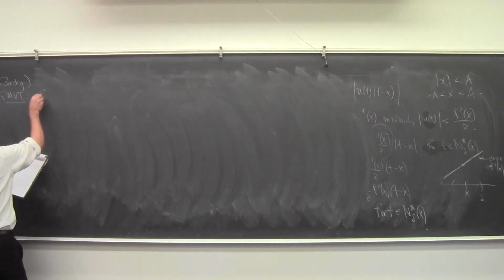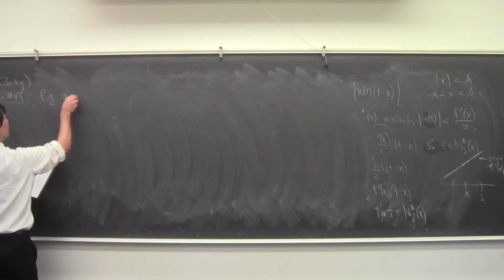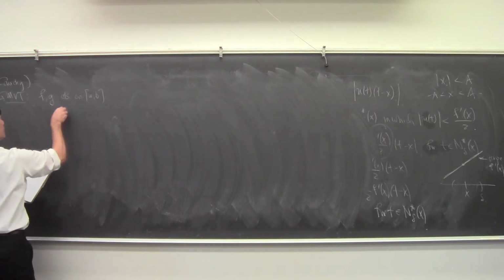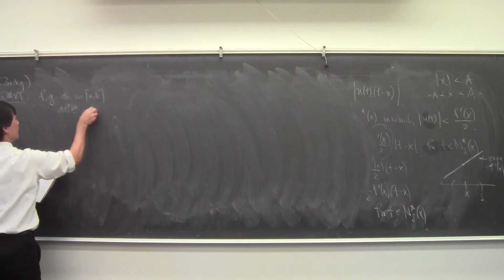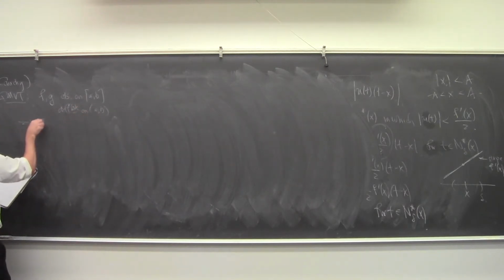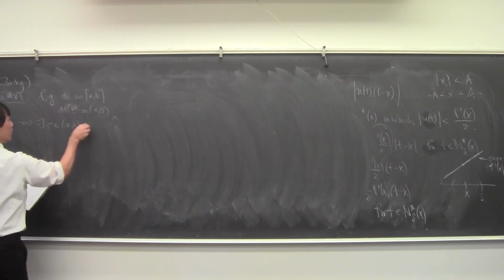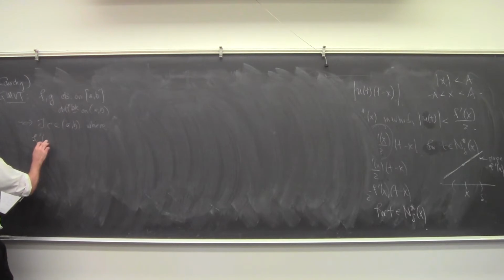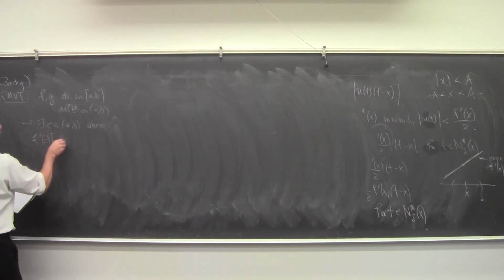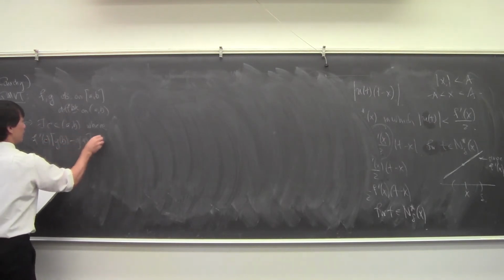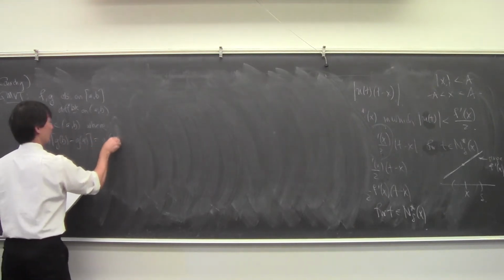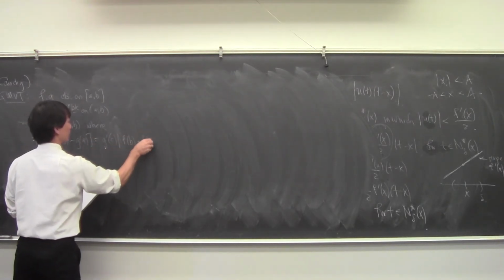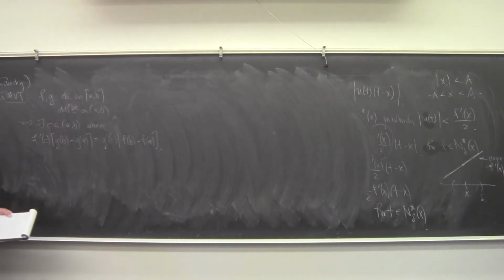If you have functions continuous on [a,b] and differentiable on the interior, then you're guaranteed a place where f'(c) times (g(b) minus g(a)) equals g'(c) times (f(b) minus f(a)). So this is Cauchy's mean value theorem.